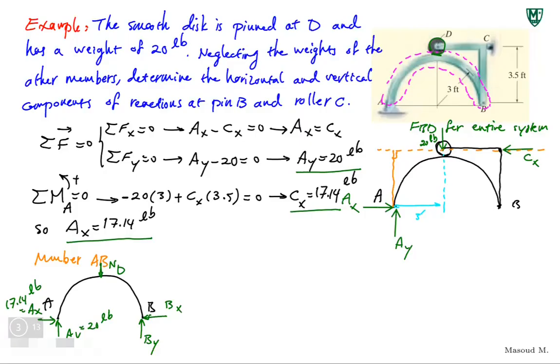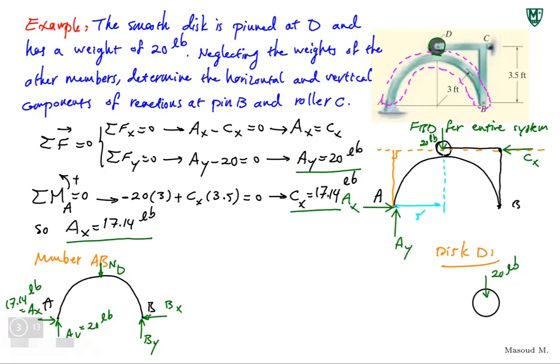Free body diagram for disk D. If I draw that, let's say this is our disk. What do we have there? We have one force down, which is its weight, 20 pounds.